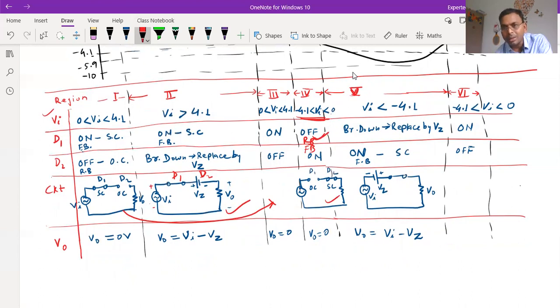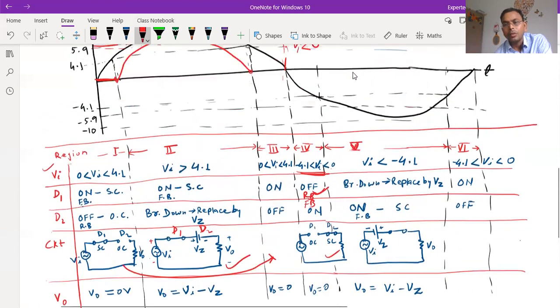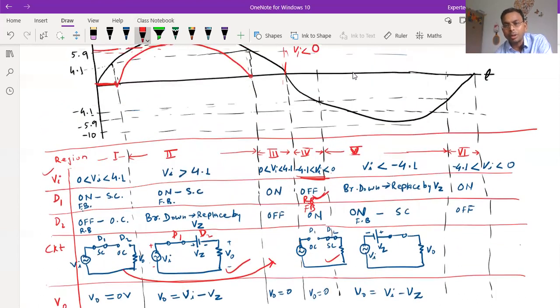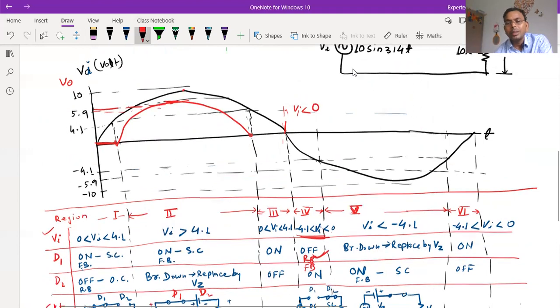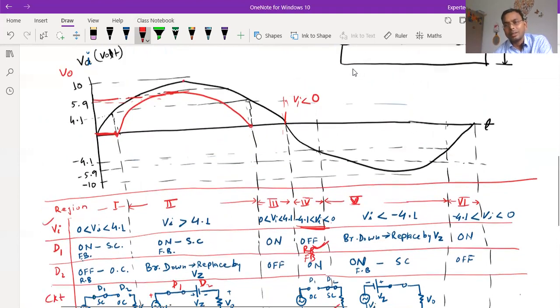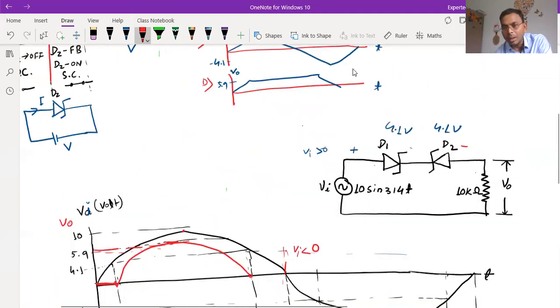But what happens in the fifth region, when VI is less than minus 4.1 volt? When VI is less than minus 4.1 volt, diode D1 will be in the breakdown region, because now the direction of VI has been reversed and it's going beyond the 4.1 volt.